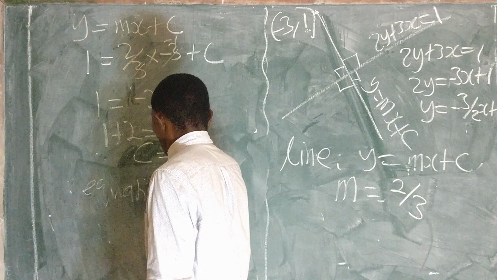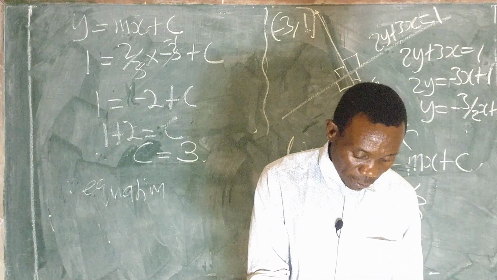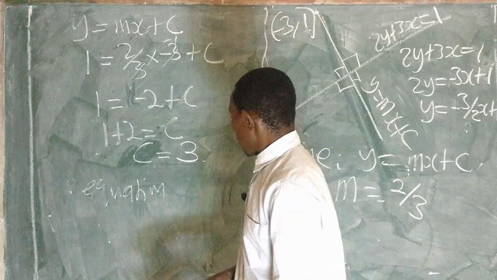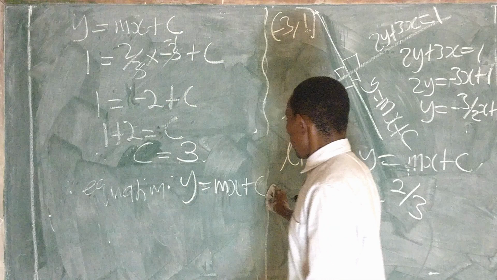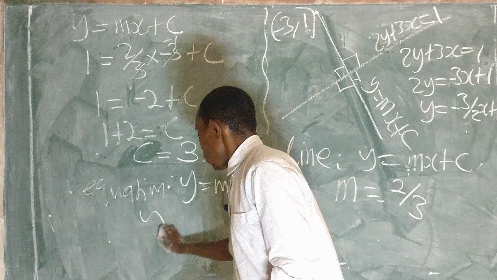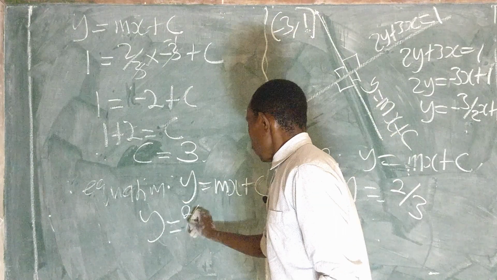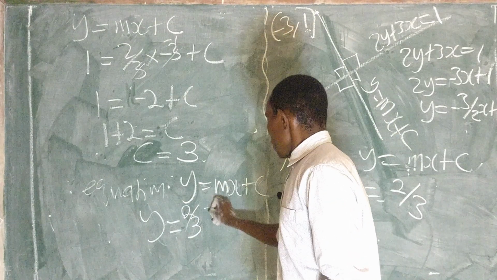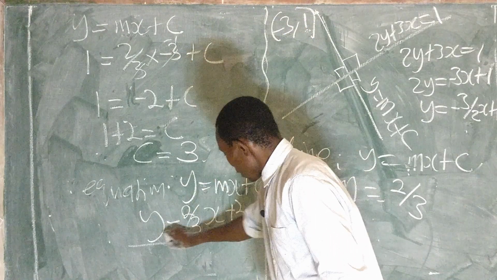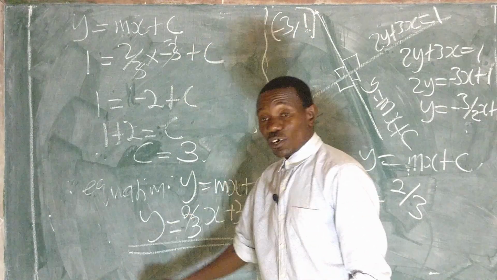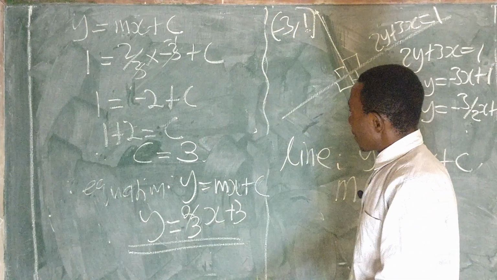Equation in this case will be defined by the following. Equation will be y is equal to mx plus c. In this case, your y remains the y, and your m is 2 over 3 times x, you get x, then plus a 3. So that's the equation of the line perpendicular to the other line.